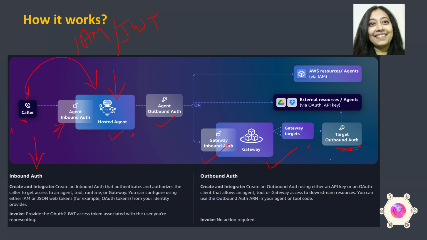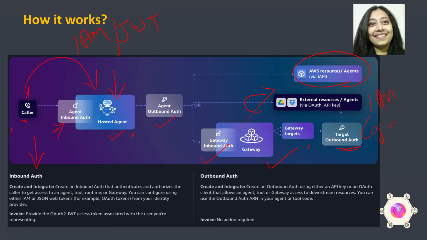Now you can use either IAM, as you can see over here, that is for AWS resources and agents. But for anything that is external, you can use Cognito, or you can use an external OAuth provider, identity provider. So these are the two main mechanisms.